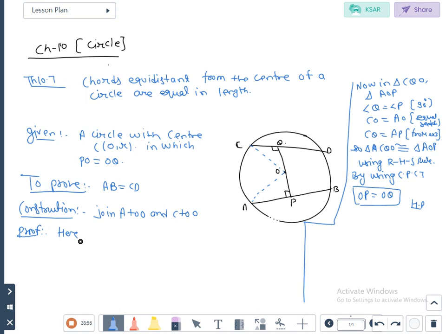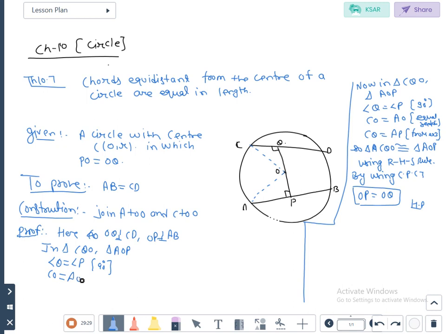So here OQ is perpendicular on CD and OP is perpendicular on AB. So in triangle CQO and second triangle AOP, first of all angle Q is equal to angle P, 90 degrees.